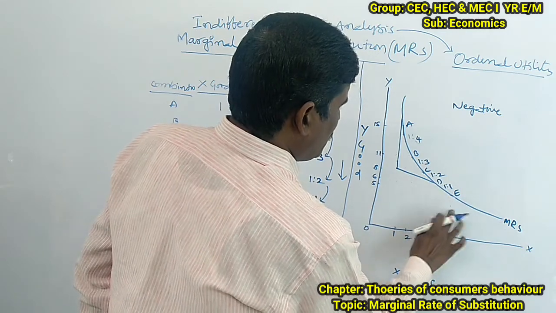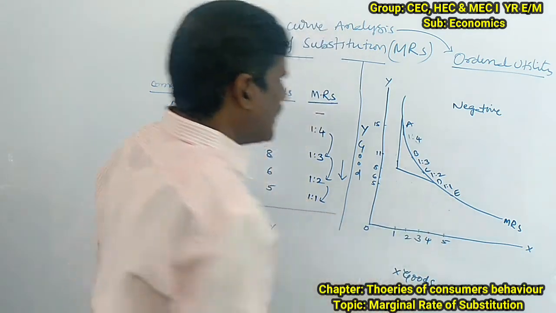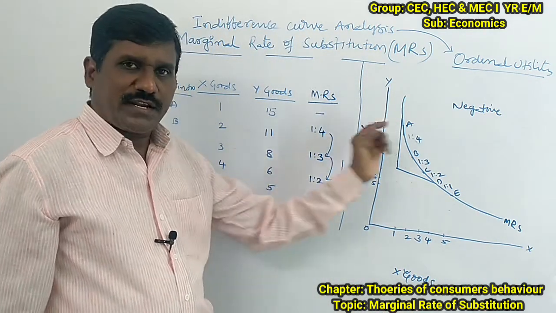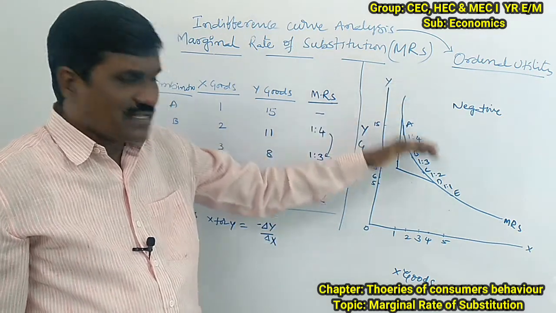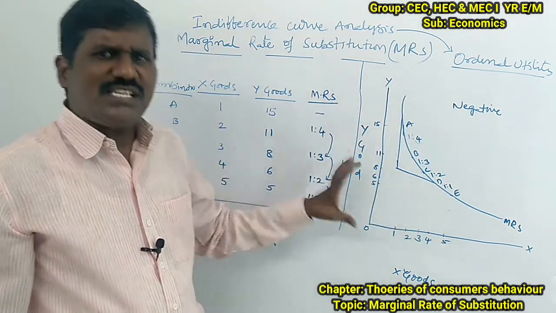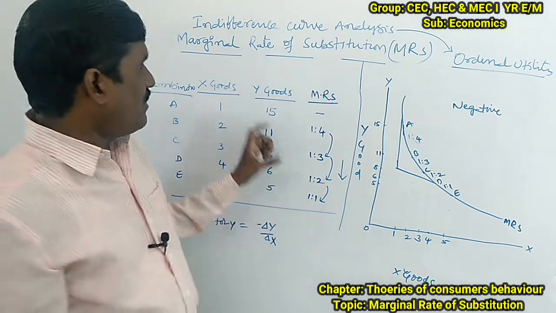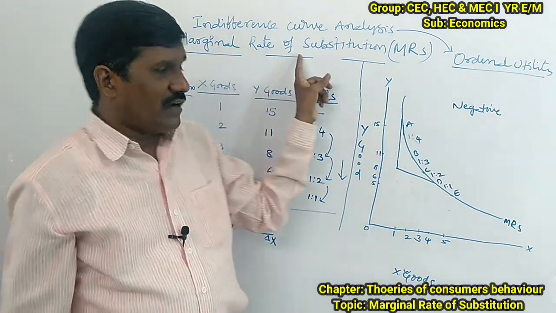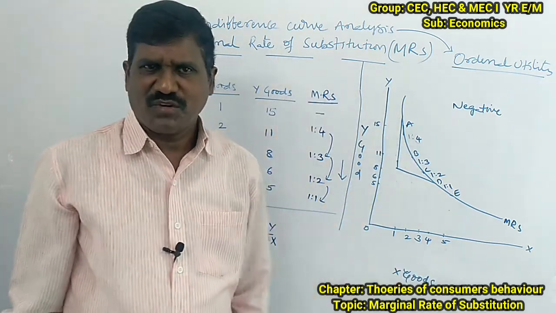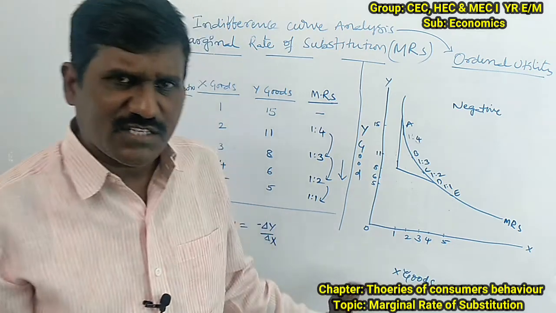This is also correct, but according to this schedule we can draw the previous one. That is the correct answer. This is the way of presenting the marginal rate of substitution. Very easy and interesting.